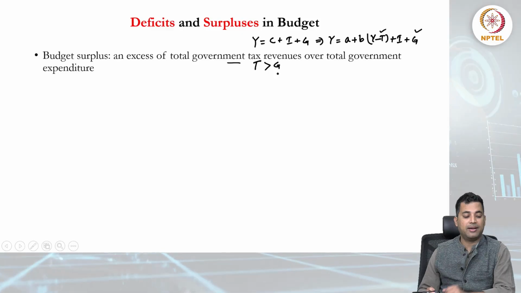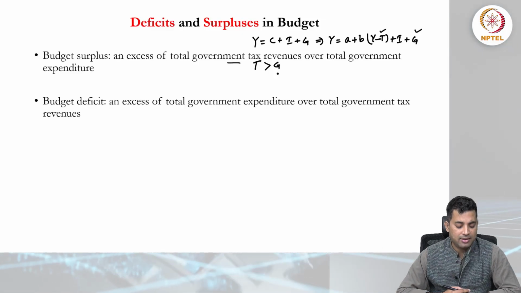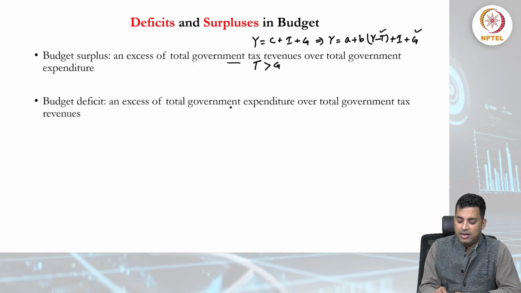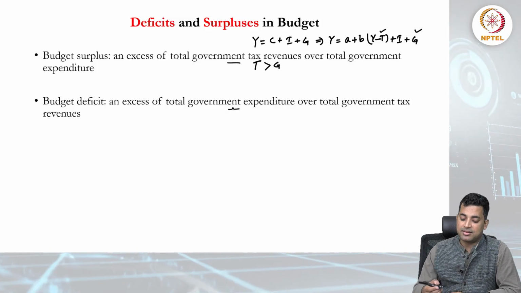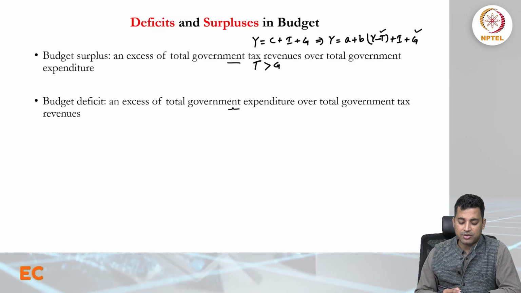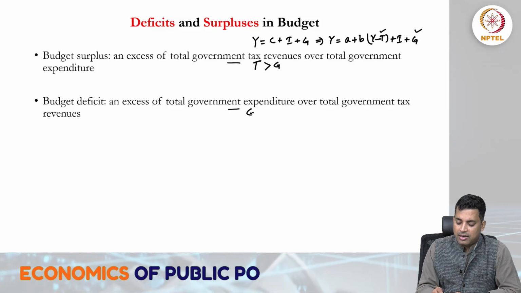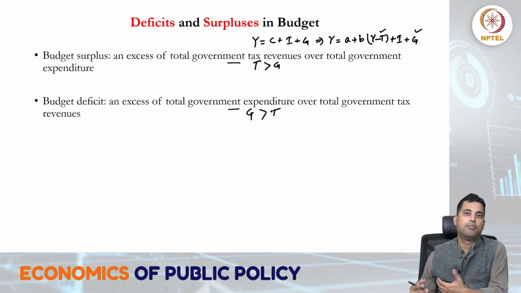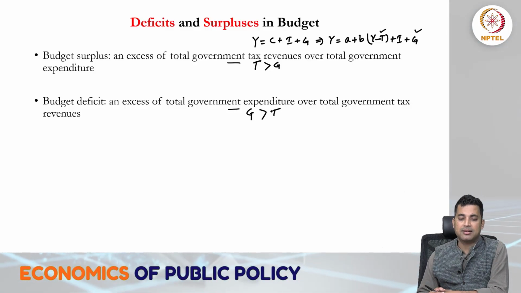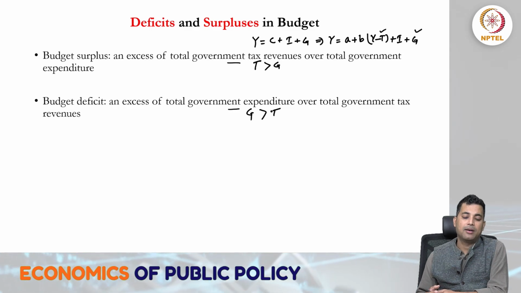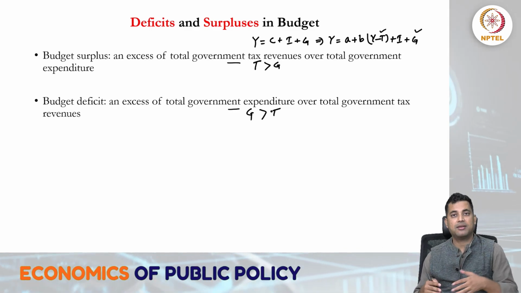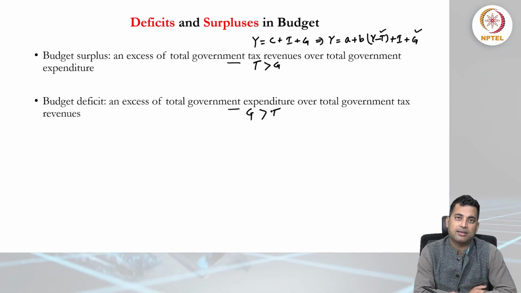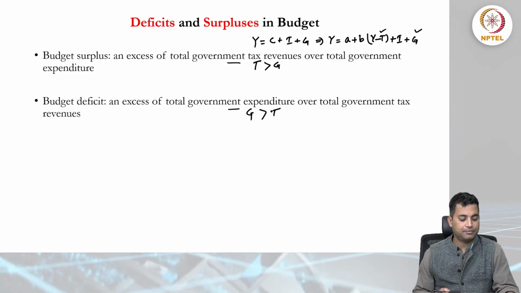So T has to be higher than G. Now the next point, budget deficit, which is an excess of government expenditure, is just the opposite of the case we just discussed. In a budget deficit, government expenditure G is higher than total tax; the tax revenue will be lower than the total government expenditure. It means the government has more commitment towards expenditure or spending than tax collections.